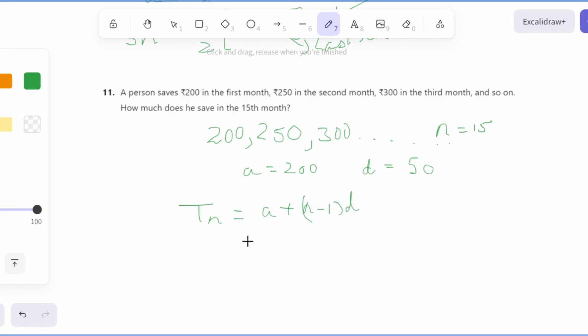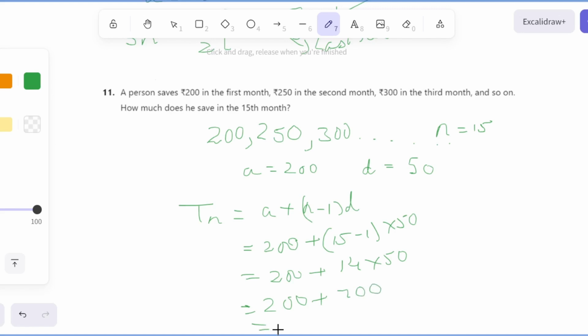So we can put in the values. a is 200 plus (n minus 1), so n is 15, so 15 minus 1, into 50. 15 minus 1 is 14, so 200 plus 14 times 50. 14 times 5 is 70, so 700.